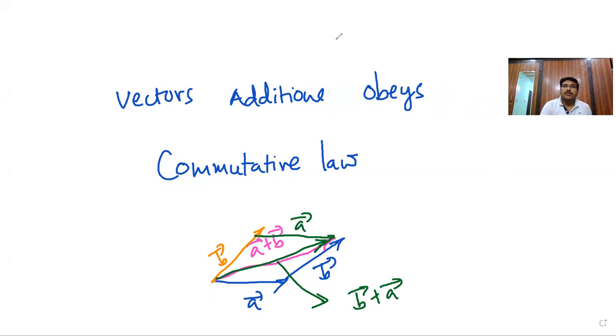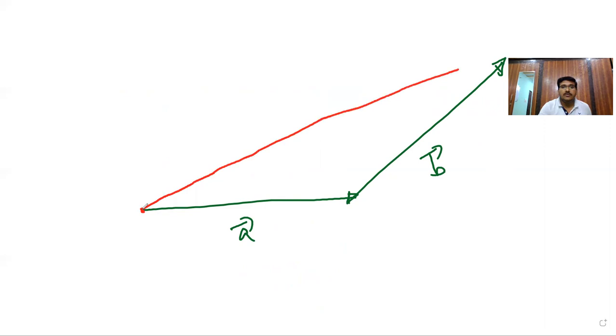So now this is one vector. This is another vector, A bar, B bar. Resultant, initial position to final position, A bar plus B bar. Clear? Now, this is B bar vector parallel. Okay.